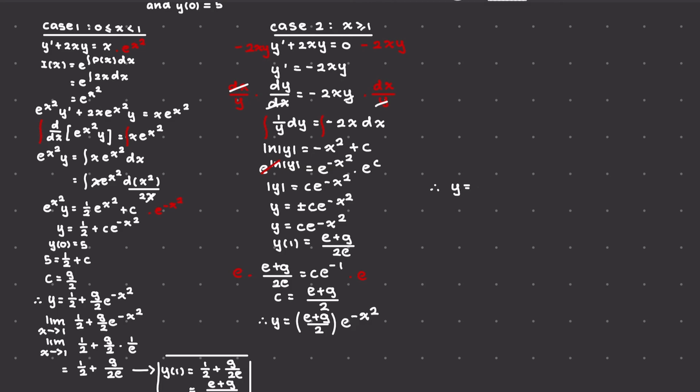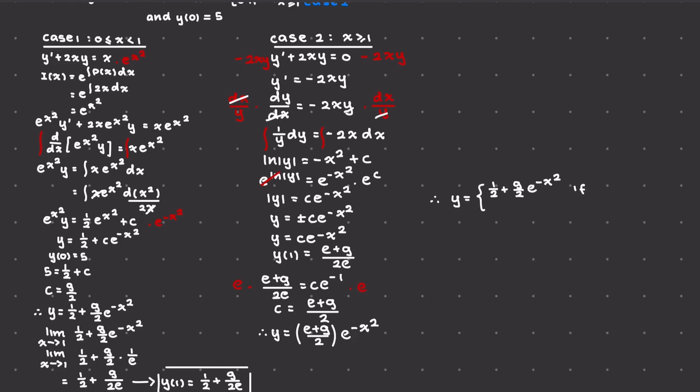So let's make the bracket bigger since they have fractions in it. 1 over 2 plus 9 over 2 e to the negative x squared if x is greater or equal to 0 but less than 1, and also for the second interval is e plus 9 over 2 multiplied by e to the negative x squared if x is greater or equal to 1.